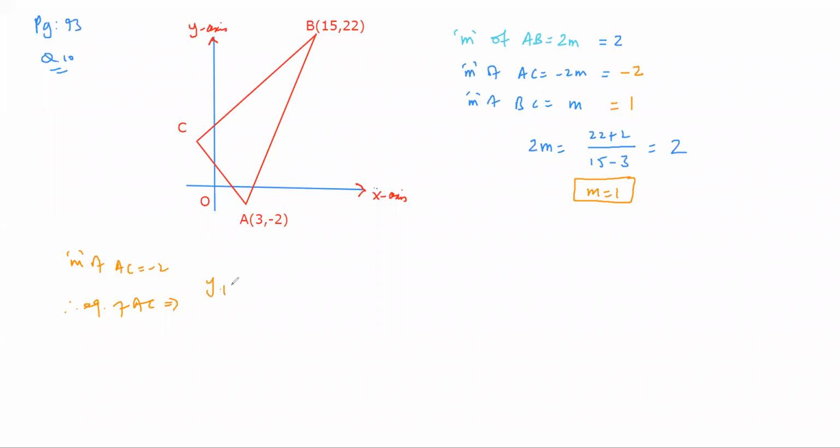y plus 2 is minus 2 into x minus 3. So this y plus 2 is minus 2x plus 6. So we have y equal to minus 2x plus 4. I'm going to call this equation number 1. Then I'll be writing the equation of BC.